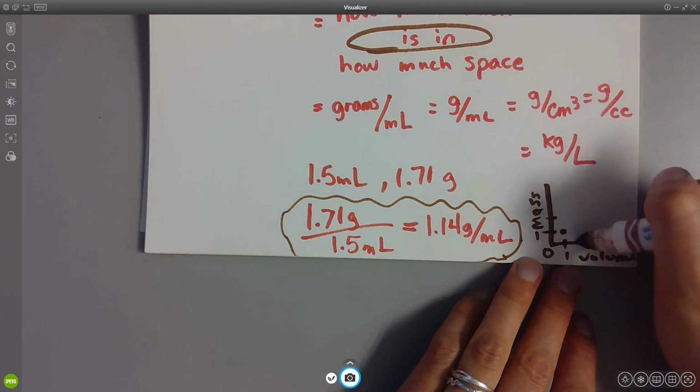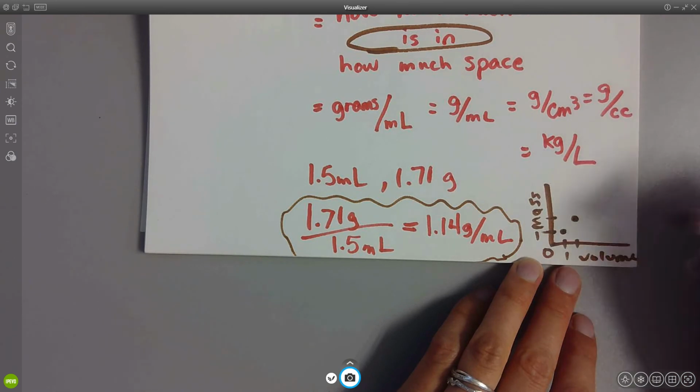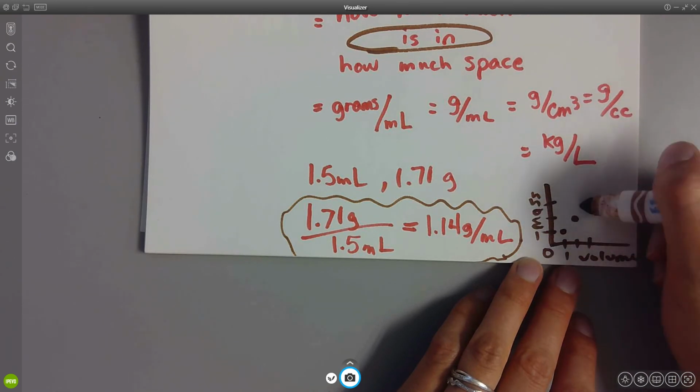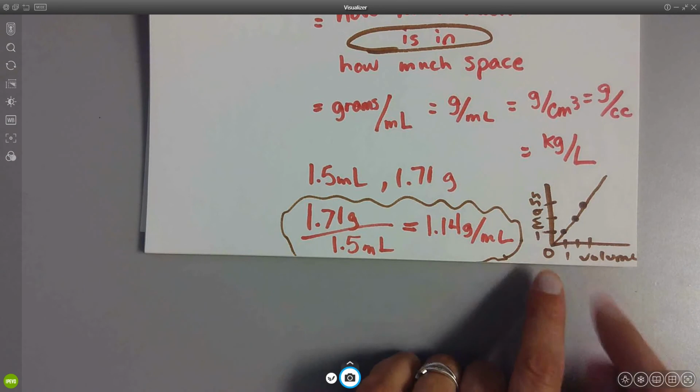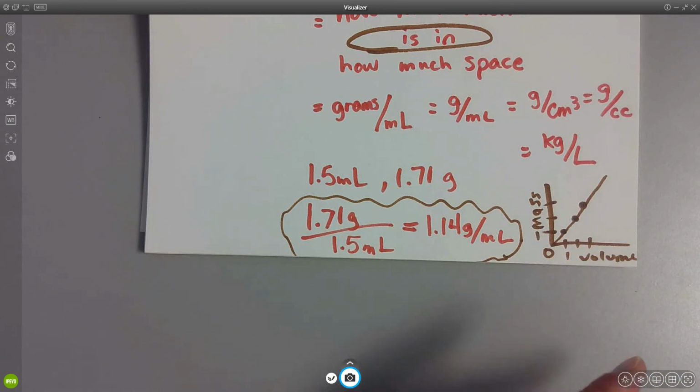And if it goes up 2, it should also go over 2. And 3 and 3. So you should end up with a line something like this. And the graphs that I saw as you were making them looked like that. So that's good, I think they were good for the most part. They might be off by just a little bit, but in general, the amount that it goes up, it also goes over.